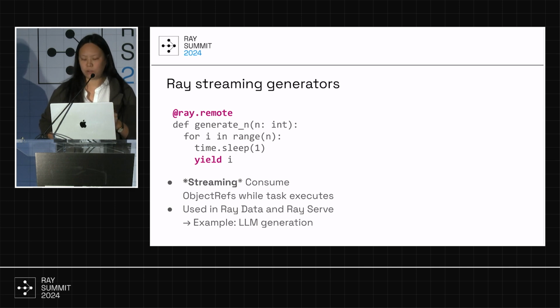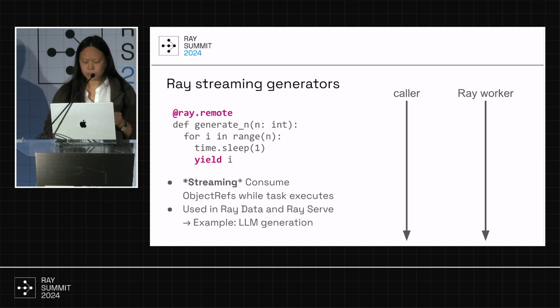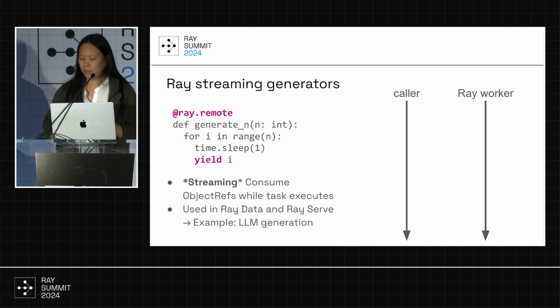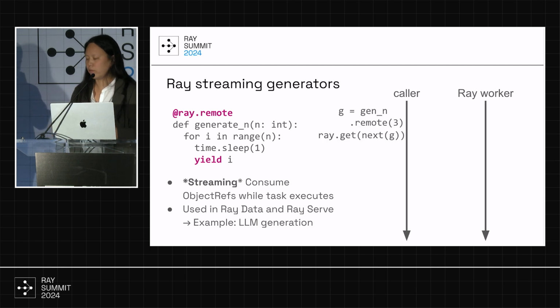Just to give a quick illustration of how this works, we'll have a caller process and the worker process that actually executes the task. You can submit a generator task using the normal .remote syntax, and you get back a generator of object refs. You can call ray.get on these object refs, and this will block as usual until the result becomes ready.